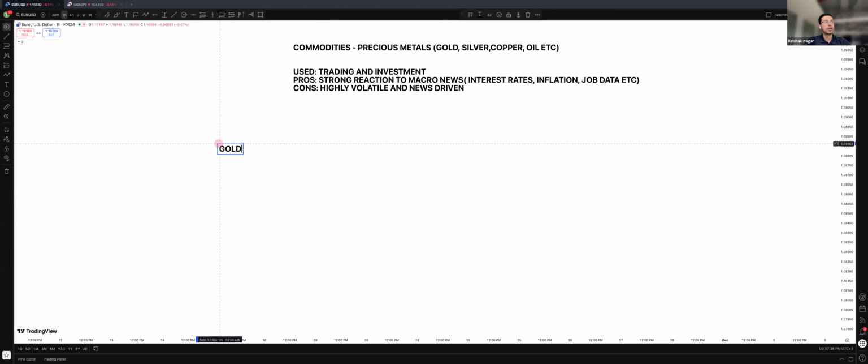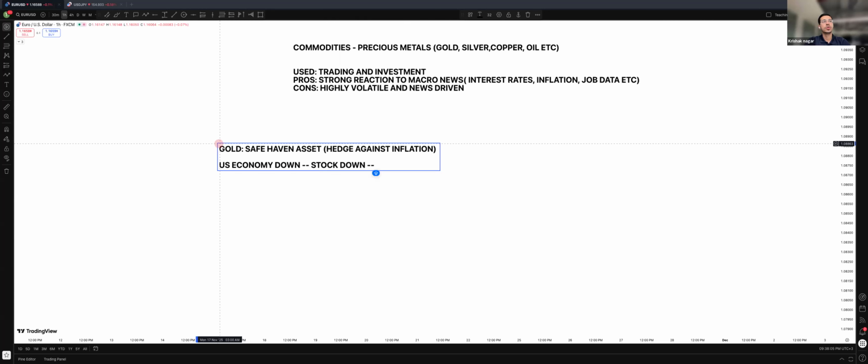Commodities, let's talk about gold. Gold is called a safe haven asset, also called a hedge against inflation. Why is it called a hedge against inflation? Because when the US economy is down, stock market is down, stocks are down as well, what happens?